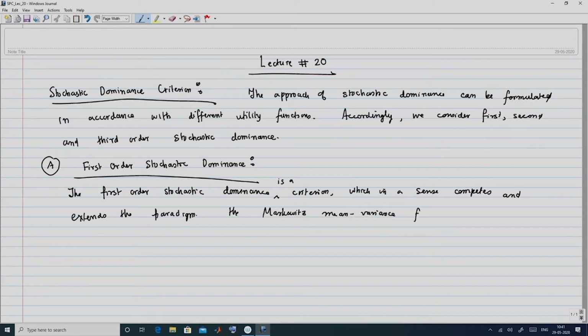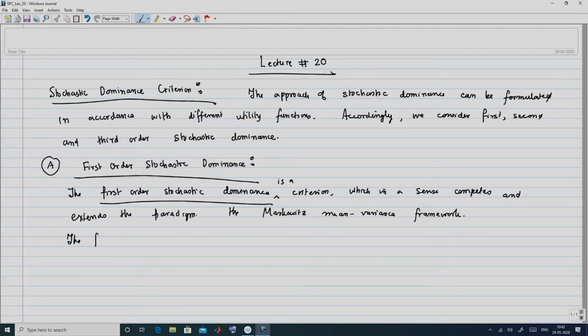So, we have extensively looked at the Markowitz mean variance framework, and now we are going to introduce the first order stochastic dominance, and this should be viewed more as some sort of extension of the mean variance framework, while at the same time competing with the notion of the mean variance framework.